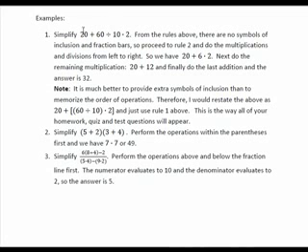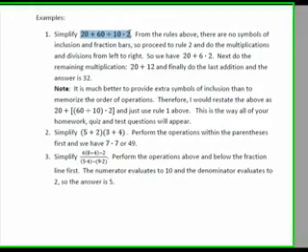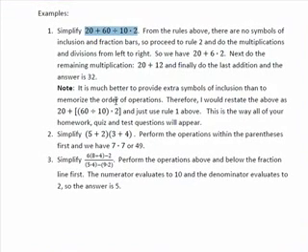Okay, here are the examples. We have this numerical expression to simplify. There are no symbols of inclusion and no fraction bars. So we proceed to rule 2, and we do the multiplications and divisions from left to right.